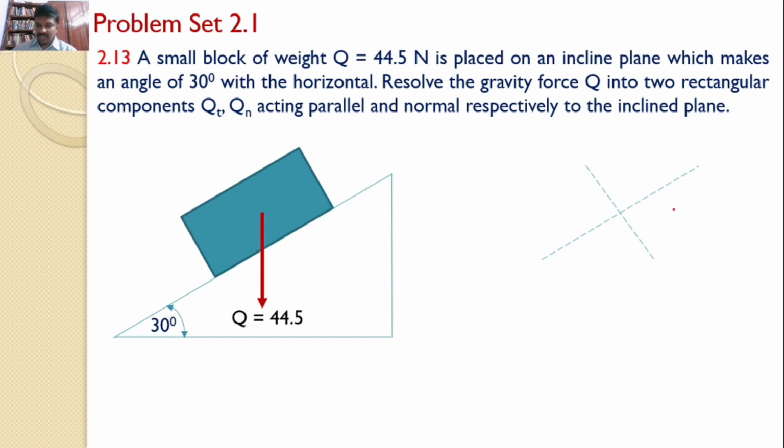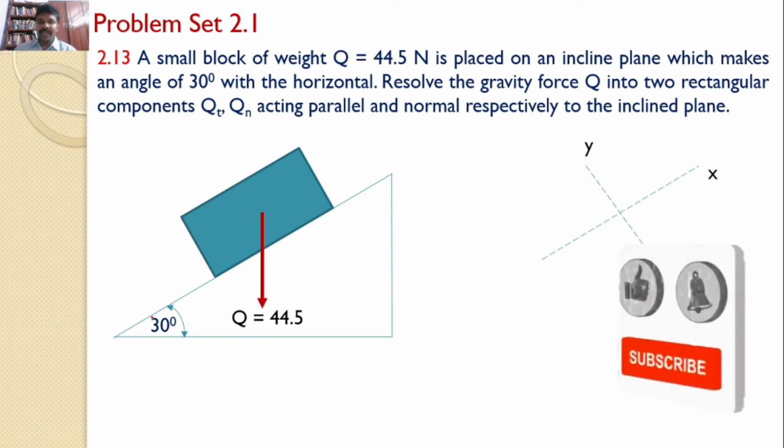So this I will consider as my x-axis, this I will consider as my y-axis. Now our interest is to resolve this Q along this x and y. So let us transfer this Q force onto this xy plane.